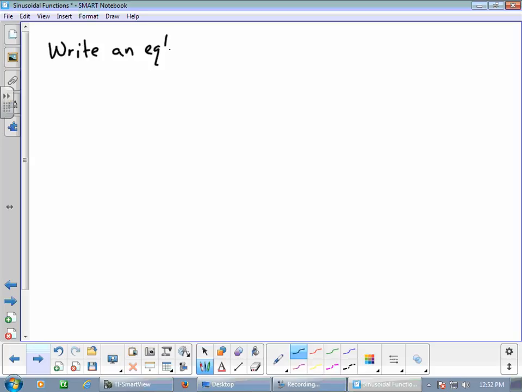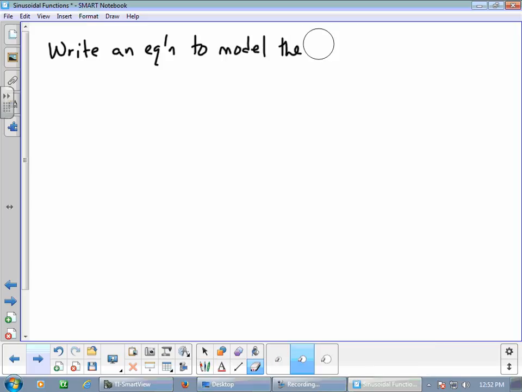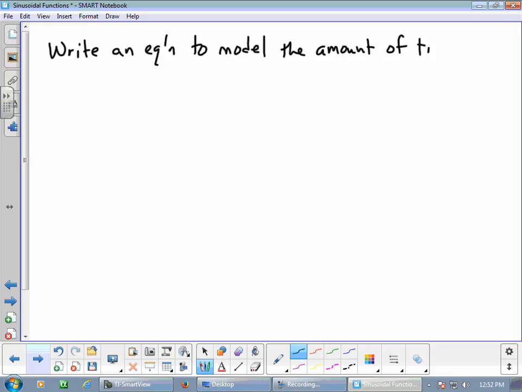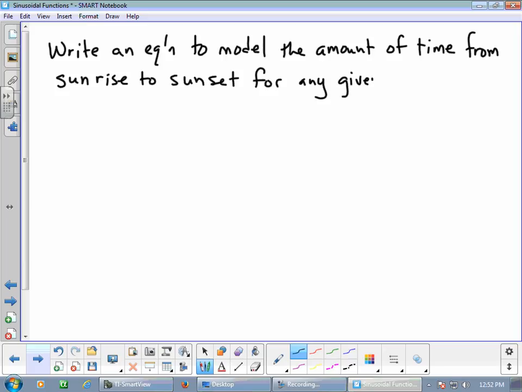Write an equation to model the amount of sunlight, or let's say it this way, to model the amount of time from sunrise to sunset for any given day in Rockford.